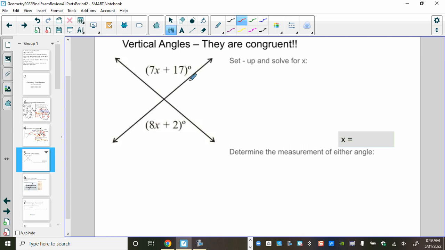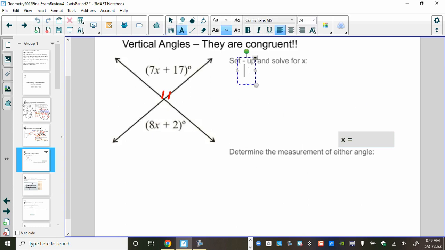If two angles are congruent, their measurements are the same, equal. So how do we set up our equation here? 7x plus 17 equals 8x plus 2. Yep, there you go. There's your setup.